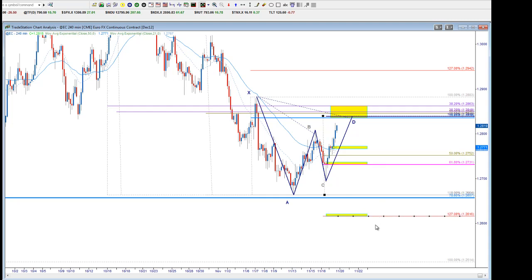So that's going to be 220 pips. So this would be 220 pips. This would be about 90 pips. And this one, if I recall, was about 30 pips.